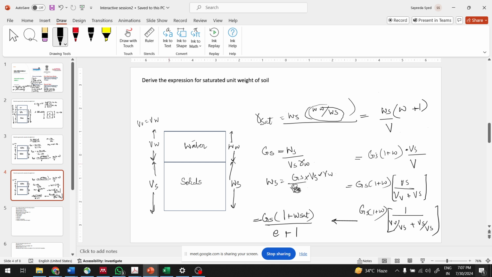There's a gamma W here. The specific gravity is the density of soil over the density of water. There is a gamma W here. Okay, so that's the answer. Any doubts in this question?